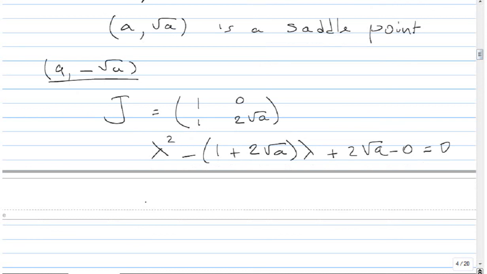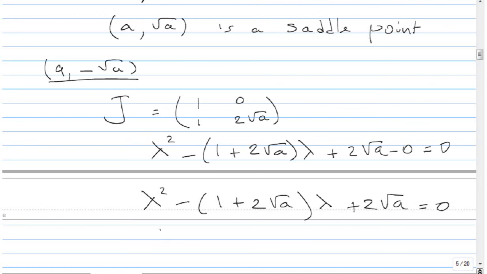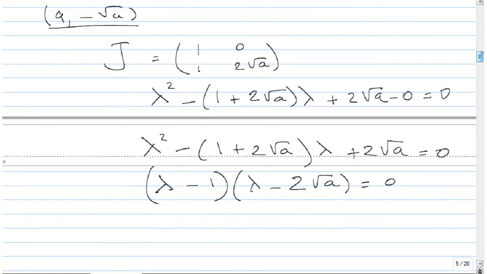Being careful about algebra, using algebra again, this is (lambda minus 1) times (lambda minus 2 square root of a) equals 0, which gives the roots lambda equals 1 or lambda equals 2 square root of a. Both of them are positive, which tells me that the point (a, minus square root of a) is a source.